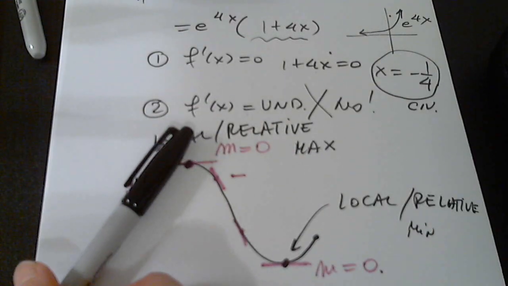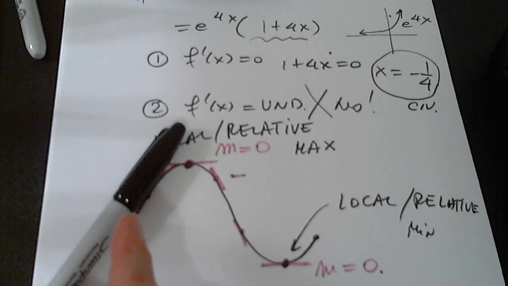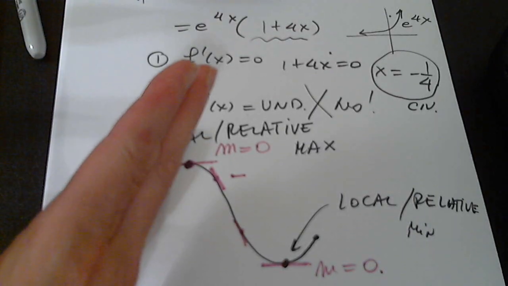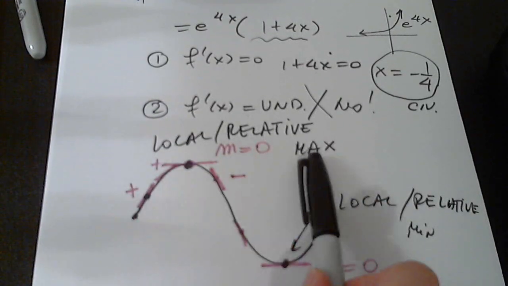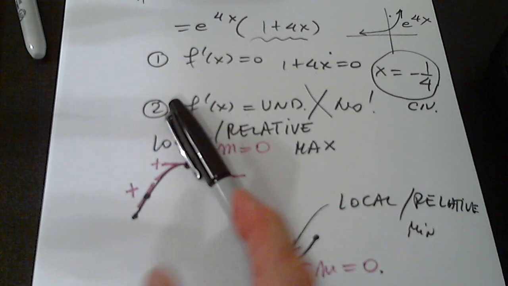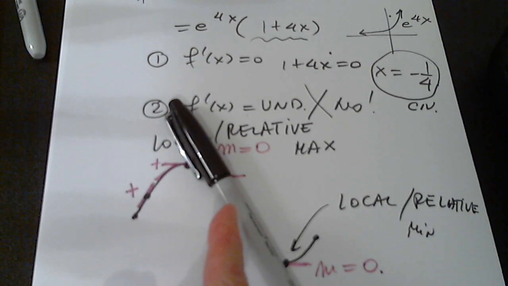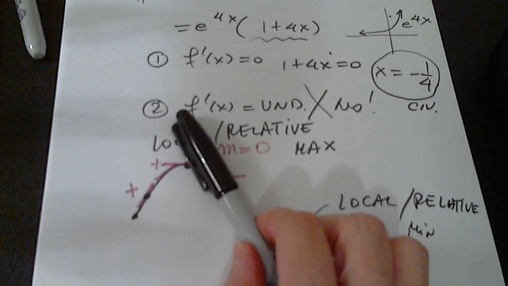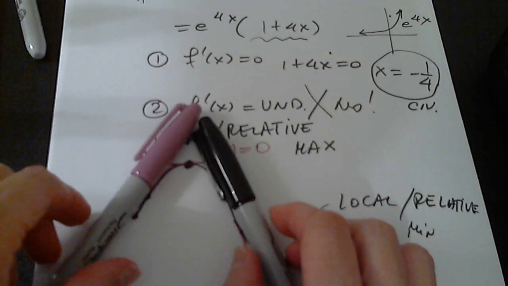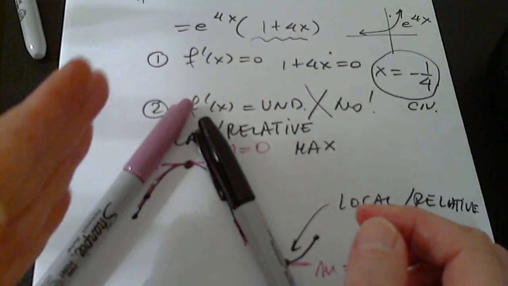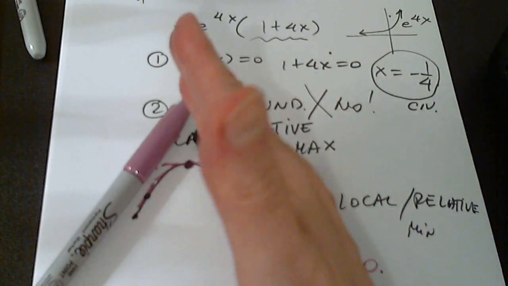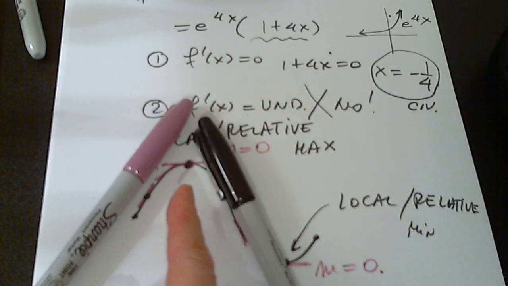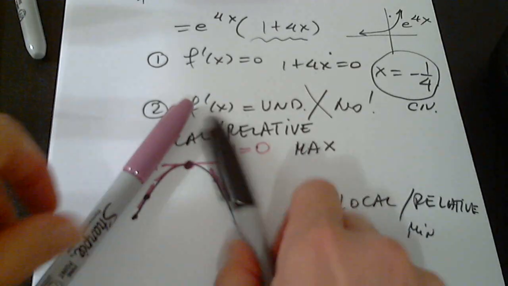The slope of the tangent line, which is the sign of the derivative, is positive. Then after the local or relative maximum, the sign of the derivative is negative. So this is the typical situation for a maximum. Positive derivative, zero derivative, negative derivative. Typical situation for a maximum.